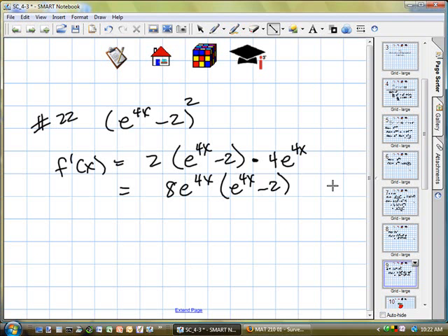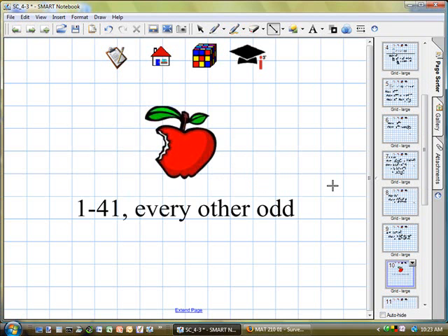Okay. And then how did I get down here? Well, I just multiplied 2 by this. That gives me 8e to the 4x. And then I just left this in parentheses. Are you seeing how I got that derivative? Okay.